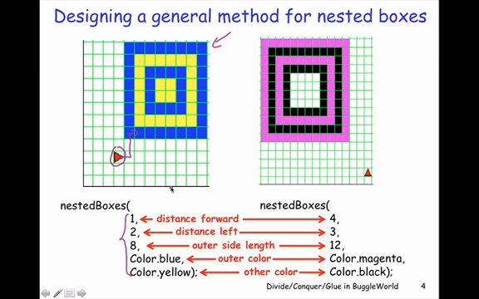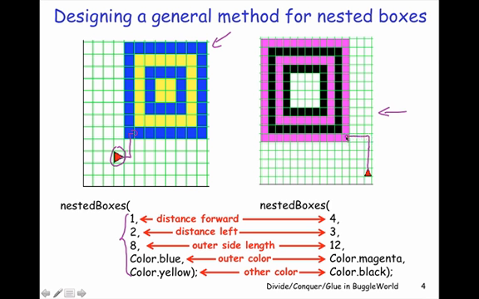This is something called wishful thinking. Wishful thinking says, gosh, wouldn't it be nice to have this particular nested boxes method? Then we flesh out the details of its contract, and then we go off and use it to implement stuff. So here's example number 2 over here. This is similar, except that in this case we travel 1, 2, 3, 4 spaces forward.